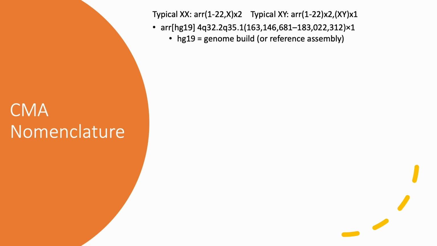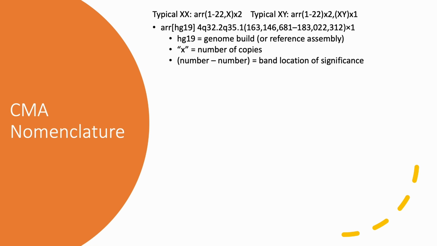The notation HG19 refers to the genome build, specifically the Human Genome Assembly version HG19. This ensures we're using the correct chromosomal locations based on the latest data. In this nomenclature, the X indicates how many copies of each chromosome are present. The notation in parentheses, number dash number, shows specific band locations of interest where significant variations were found.